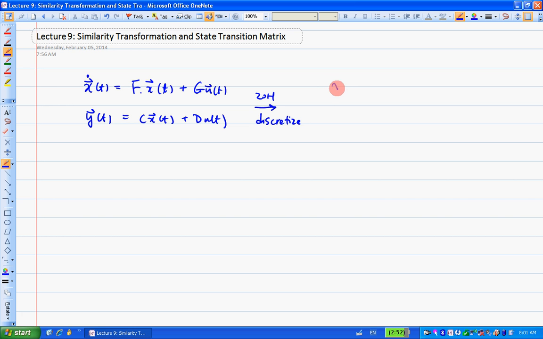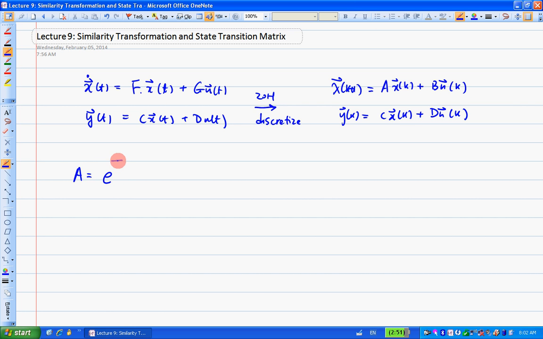So we end up with a discretized state space equation. The relationship between the system matrices A, B, C, D and F, G, C, D: C and D are not changing, it's just A and B that change.